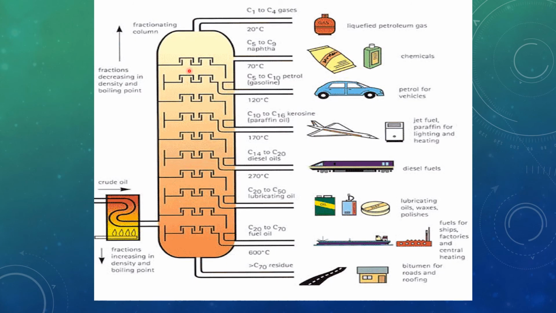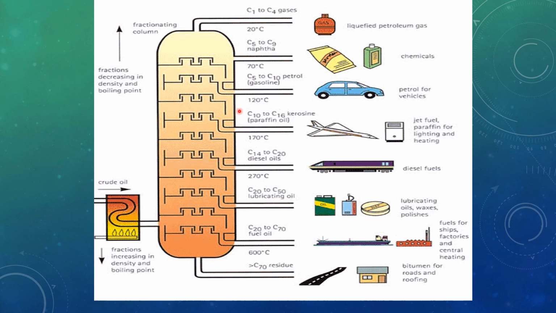Here you can see a fractionating tower, and here you can see the columns. This crude oil is heated from 400 to 600 degrees centigrade, and the fractions that have the higher boiling point will evaporate first, they will boil first, and then they will condense back.